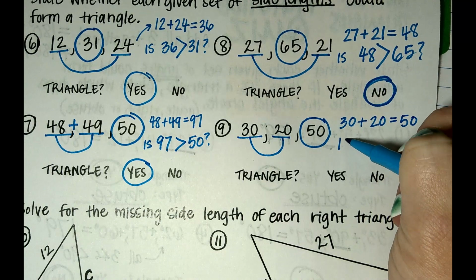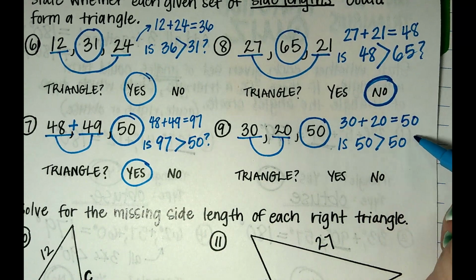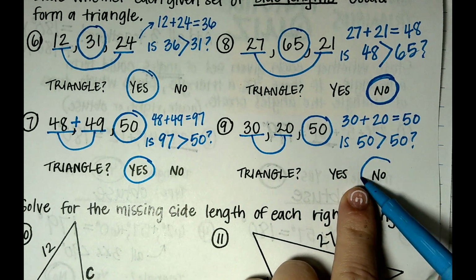And the question again is 50 greater than 50? No. It's equal. So if I have those 30 and 20 trying to make an angle with a 50 line, it's just going to make a straight line. It'll collapse on itself. This is not a triangle.